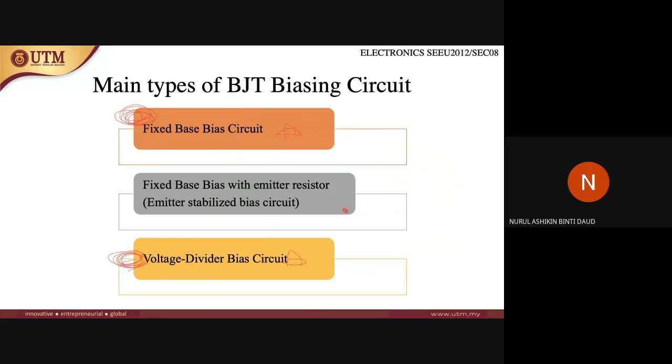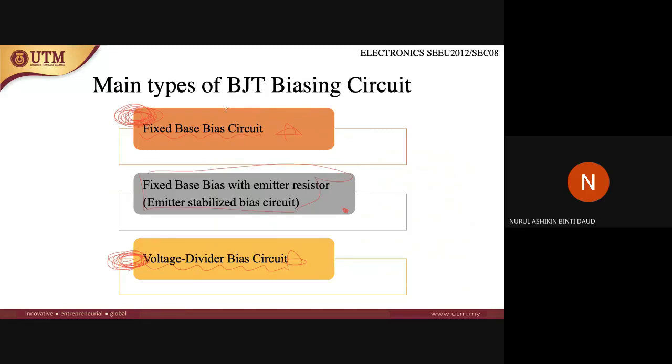In your upcoming test, BJT will not be included, but for your test 2 and for your final exam, these two circuits will come out. Fixed base bias circuit and voltage divider bias circuit, and this circuit is just for your extra knowledge only.